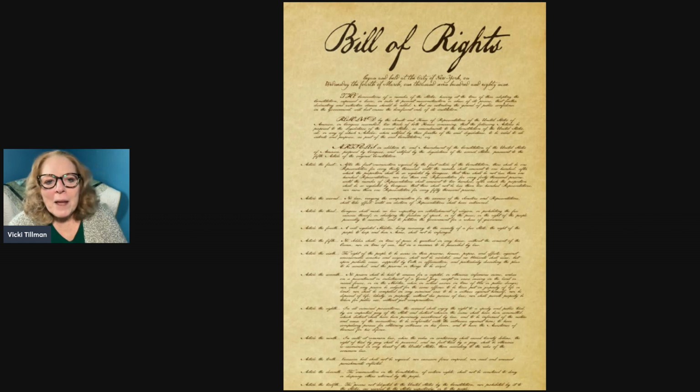All right, Amendment 4, search and seizure. The government cannot arrest a person without probable cause, and we have restrictions against unreasonable searches and seizures. Amendment 5, we have the right to grand jury and due process of the law. We cannot be tried twice for the same offense; it's called double jeopardy.